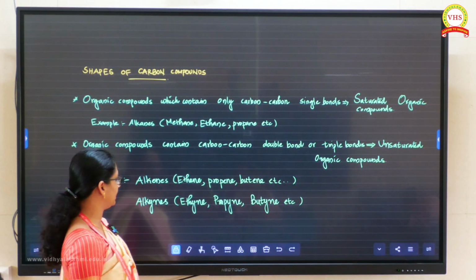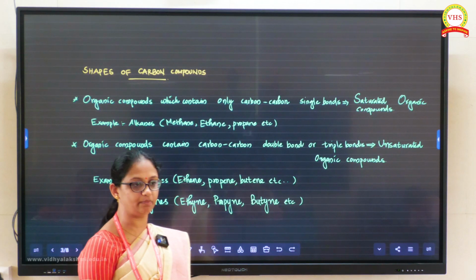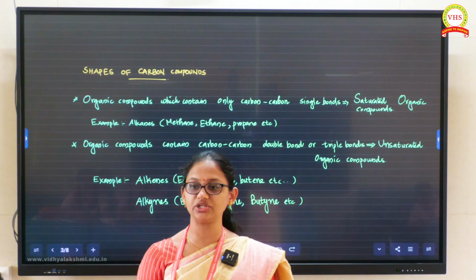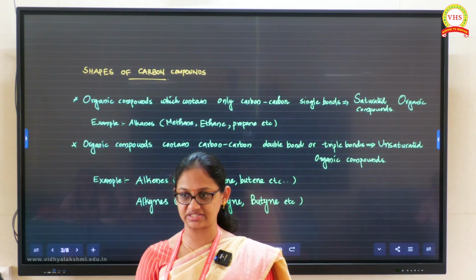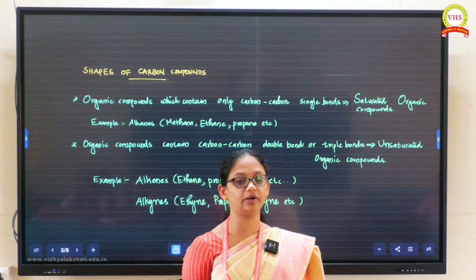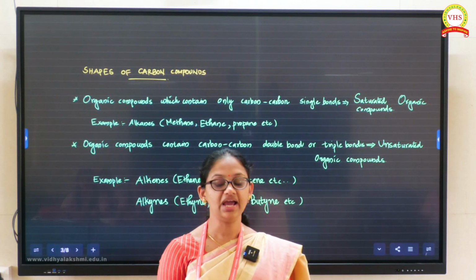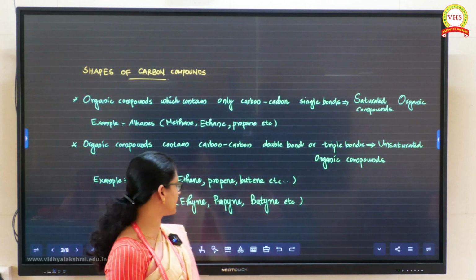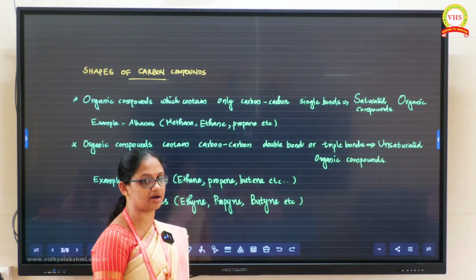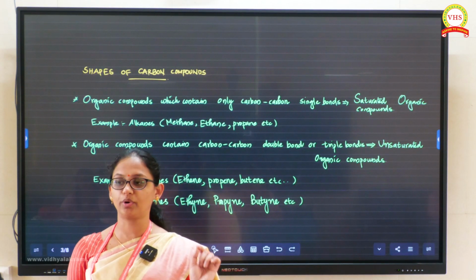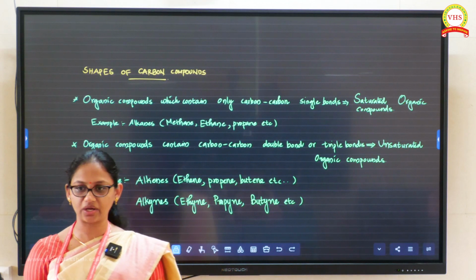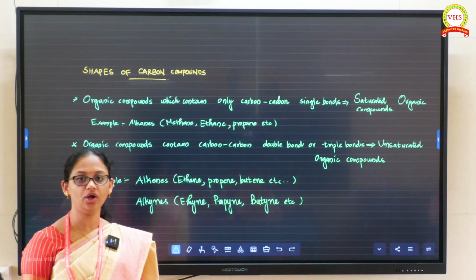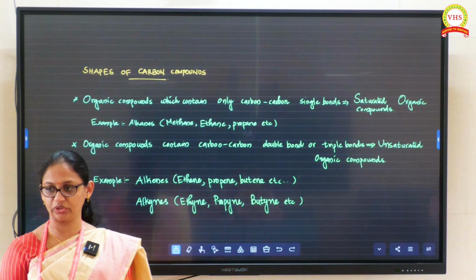Organic compounds containing a carbon-carbon double bond or triple bond are called unsaturated organic compounds. Carbon-carbon double bond is called alkenes, and carbon-carbon triple bond is called alkynes. Alkene examples are ethene, propene, butene, etc. And alkynes are ethyne, propyne and butynes.